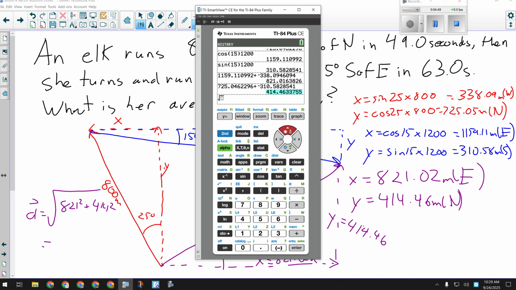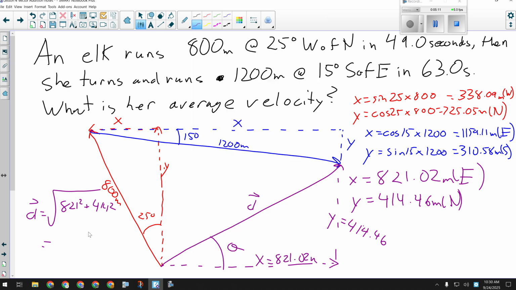So the overall displacement's magnitude is 919.70, effectively. I'll just write 919 meters. Okay, so I've got the magnitude.